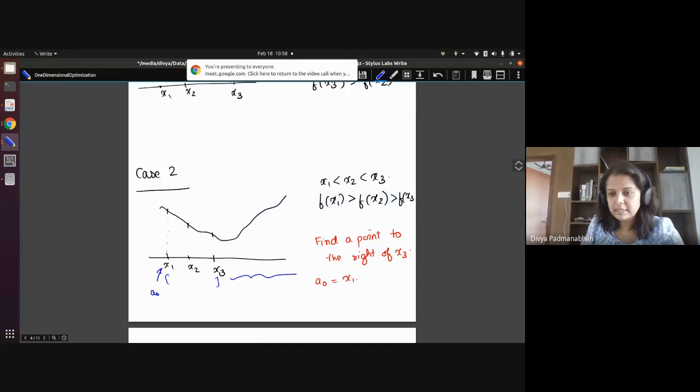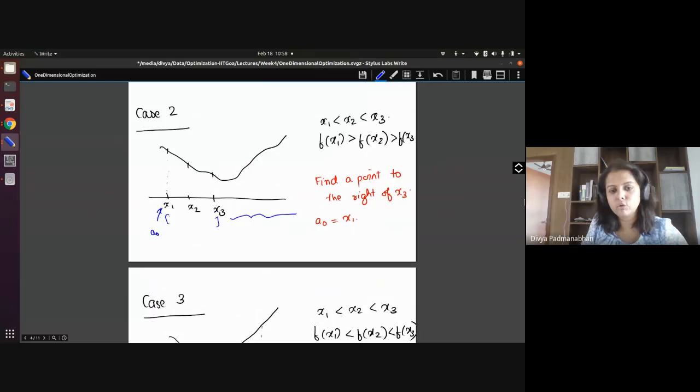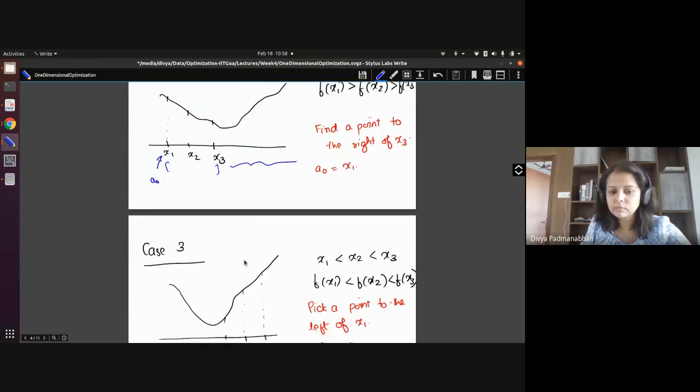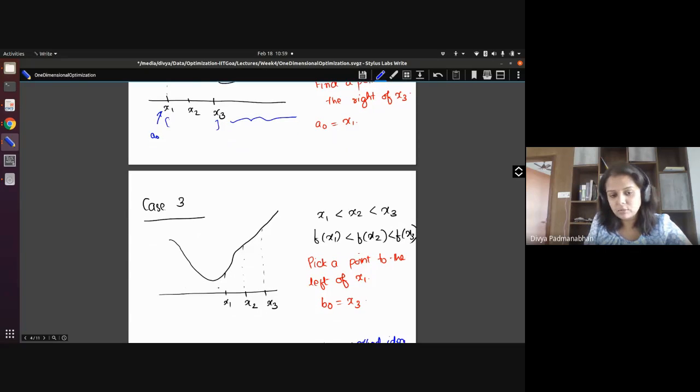Now, there's one more case, the symmetrically opposite case. If you sample 3 points and you get something like this, where the function is increasing from x1, x2, x3, and you have this relation, then you basically want this region to be covered.